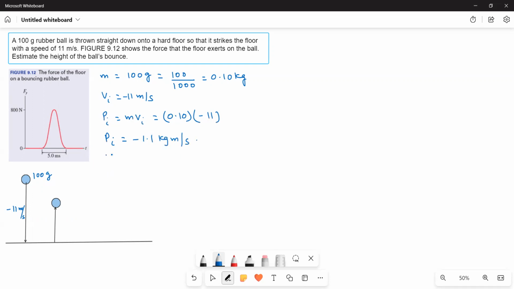Now next, impulse. We can find out the impulse from the graph. Impulse is equal to the area under the curve. What is the area under the curve? J is equal to half base into height.